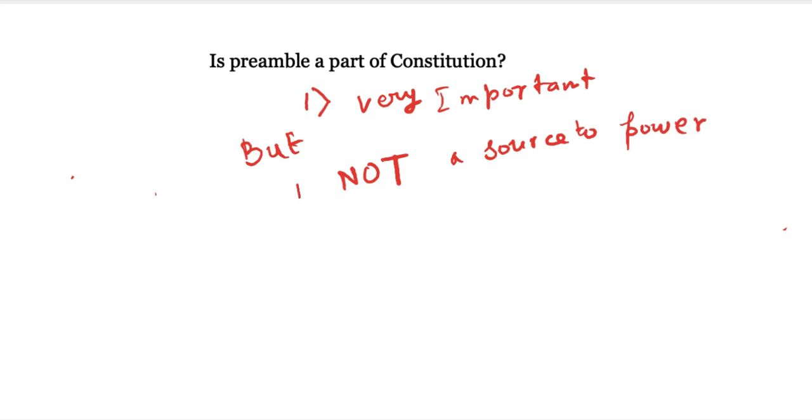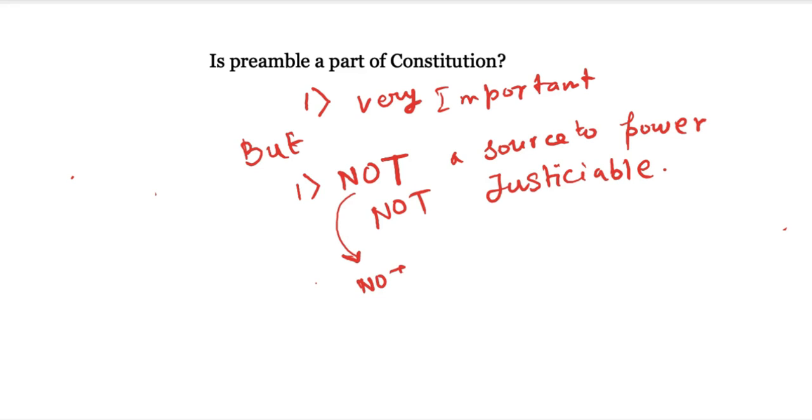That means something is said in the preamble, but you cannot say that, oh, it is said in the preamble, so it must be that. It is not. So it is not justiciable, like fundamental rights are justiciable. It is not a source of power, and also not a prohibition to power.